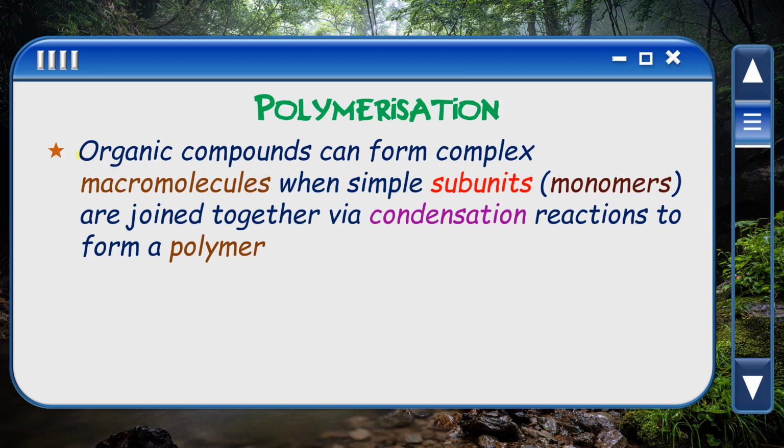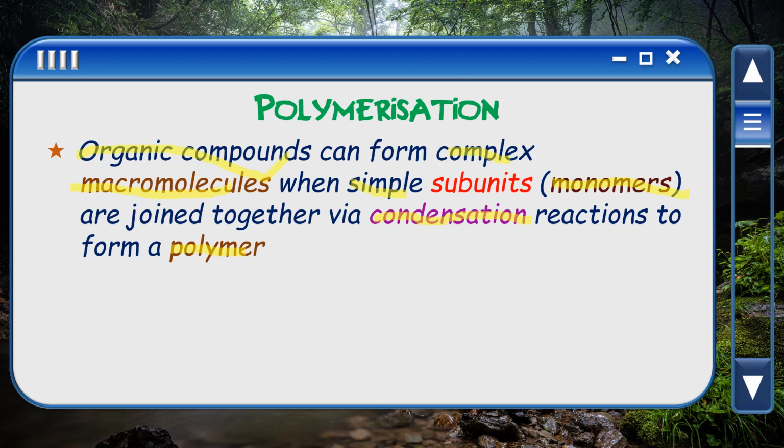Now we are looking at organic compounds, and these organic compounds are complex macromolecules. But they come from simple subunits, which we are calling the monomers, when they are joined together via condensation reactions so that they form what we refer to as the polymers.